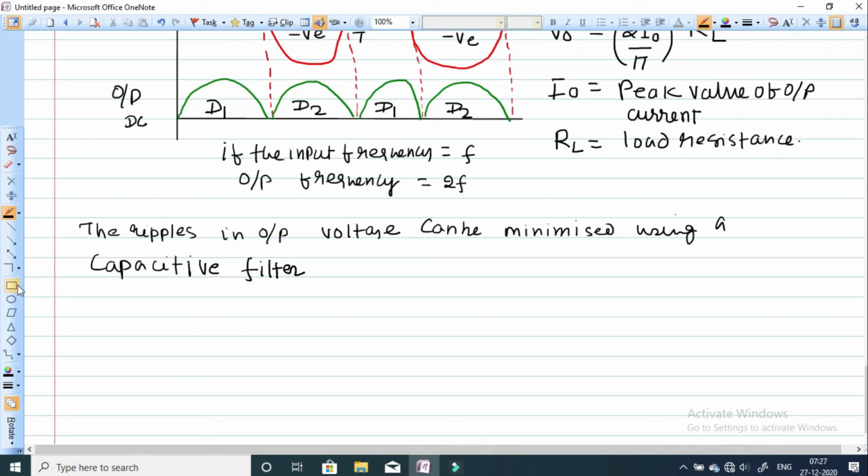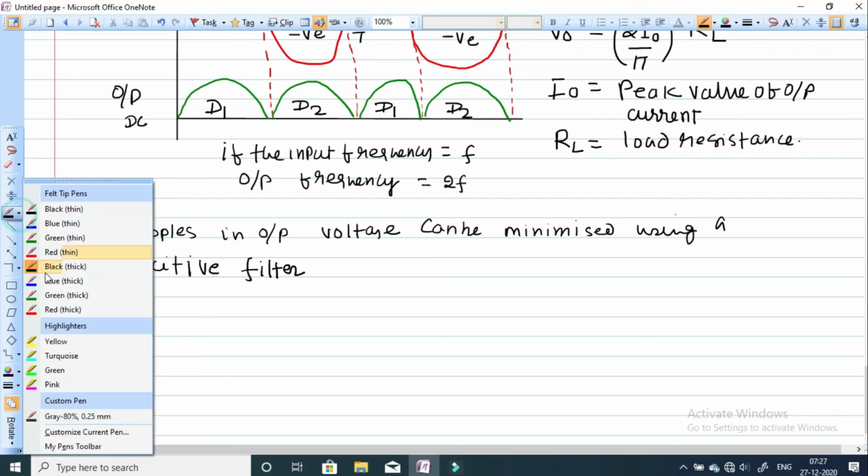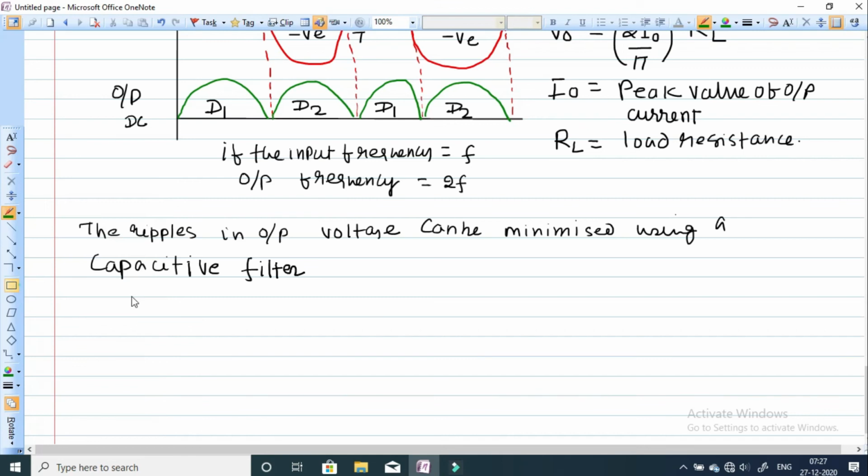Let me draw the diagram. Here we can place the rectifier. This part is your rectifier. Now we can connect the terminals. This is your input side, here we will apply the input. Here is the output from the rectifier.